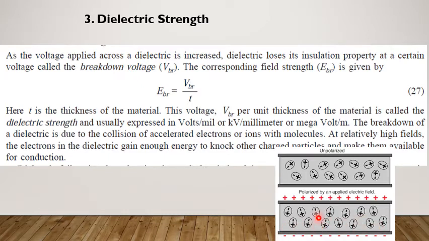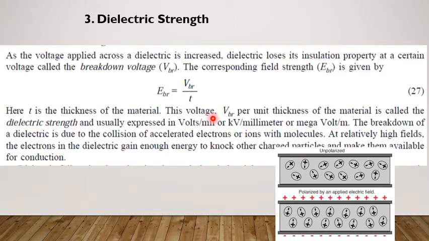Here the insulation property is lost at breakdown voltage and flow of electric current will start. The corresponding field strength E BR is given by E BR equals V BR by t, where E BR is the corresponding field strength, V BR is the breakdown voltage, and t is the thickness of the material.